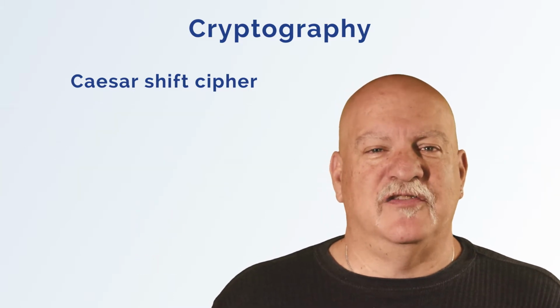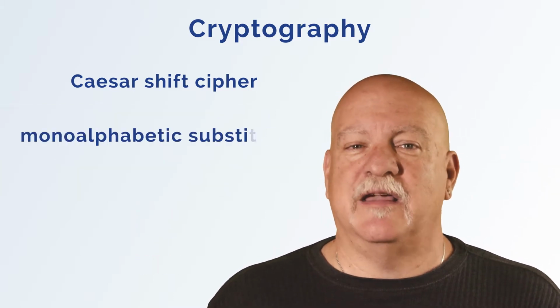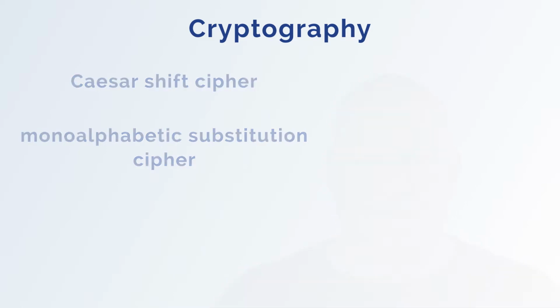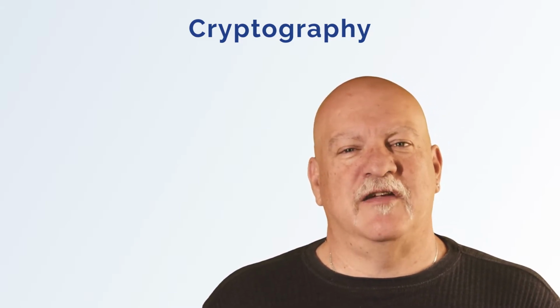Shifts like this are known as monoalphabetic, again, one alphabet, substitution ciphers. There are many other monoalphabetic substitution and transposition ciphers that served the encryption needs of armies and emperors for thousands of years. Eventually, these monoalphabetic ciphers became vulnerable to attack.